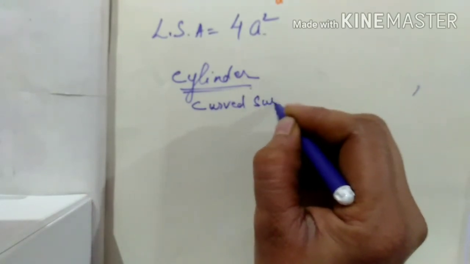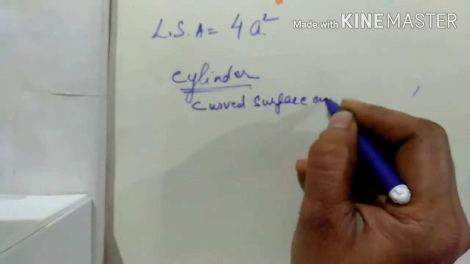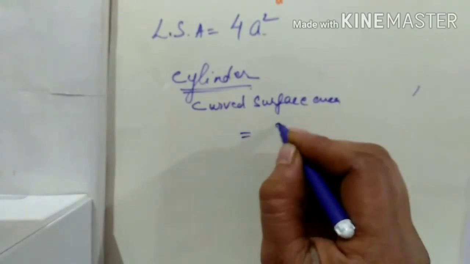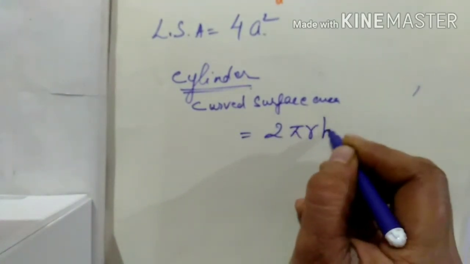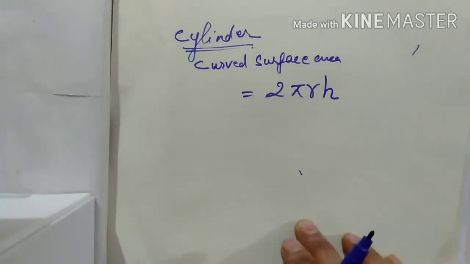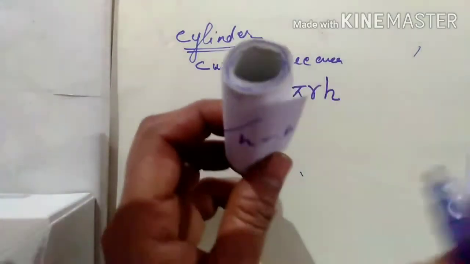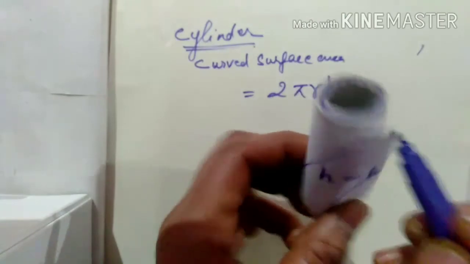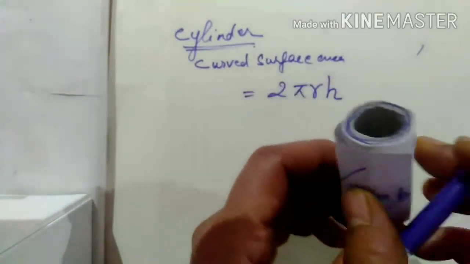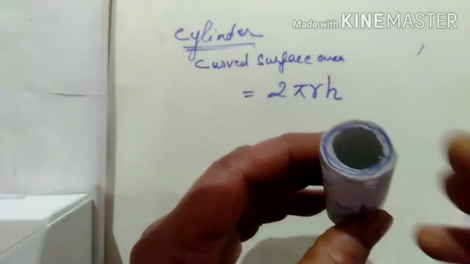Curved surface area is given by 2 pi r h. Now when the circular area is added, it becomes the total surface area.